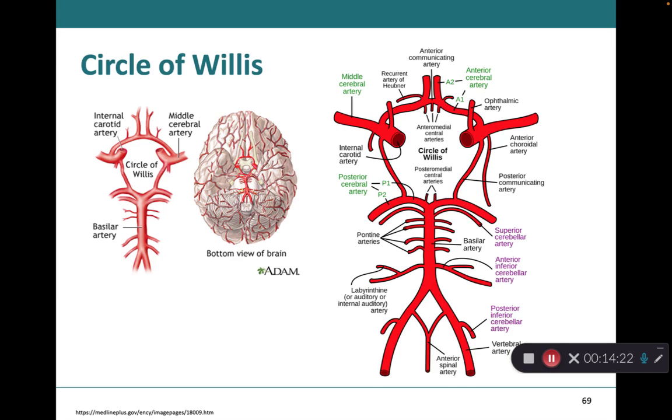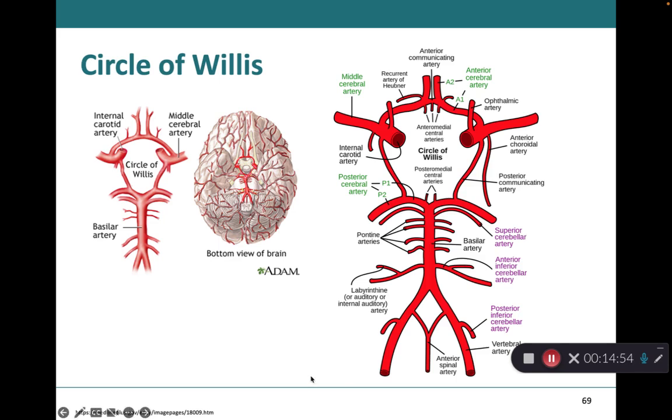This also could damage the vestibular nuclei in the area, which could cause vertigo with nystagmus, which is uncontrolled eye movements. So your eyes move very rapidly and you're unable to control them. That's what nystagmus is. This can also affect those labyrinthine arteries coming off of the anterior inferior cerebellar artery, and that would cause deafness.